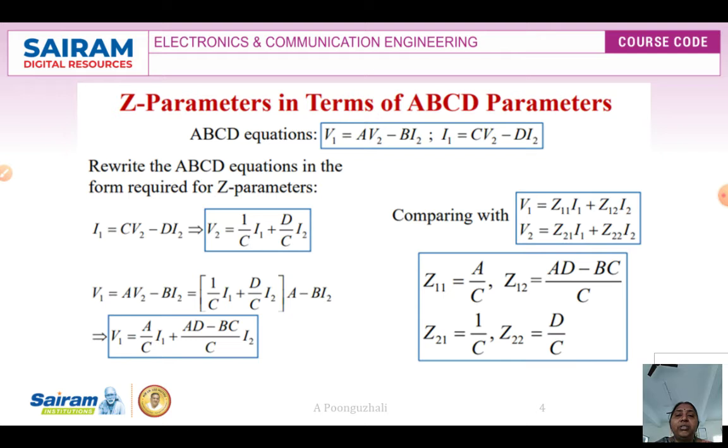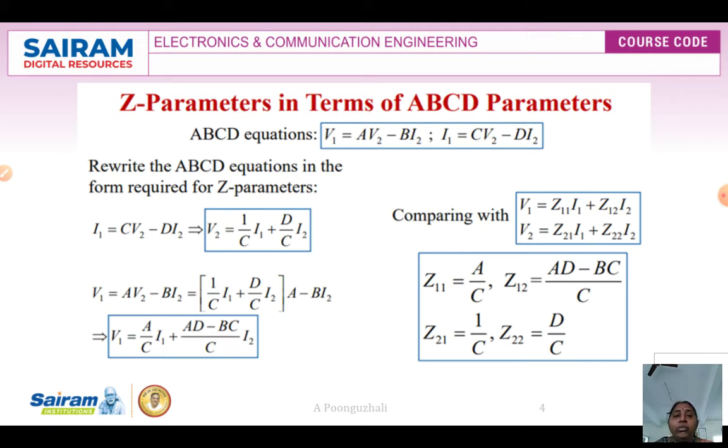V1 is already there in the ABCD equation. Now we want the V2 equation, which we can take from the second equation: I1 plus D I2 divided by C. So I can write V2 is equivalent to 1 by C I1 plus D by C I2.